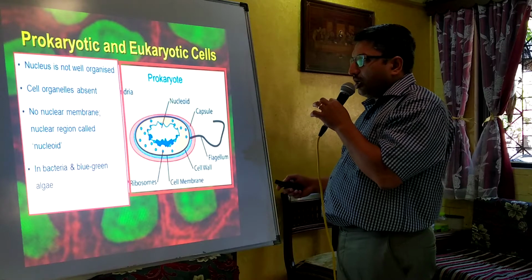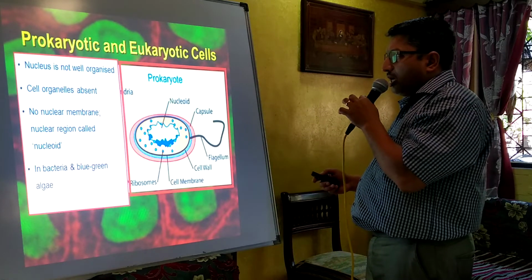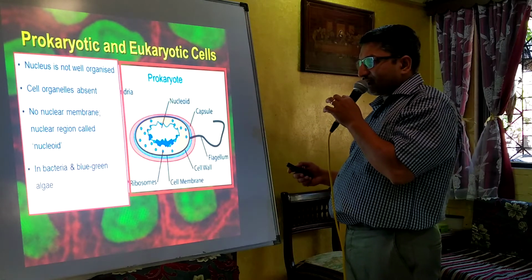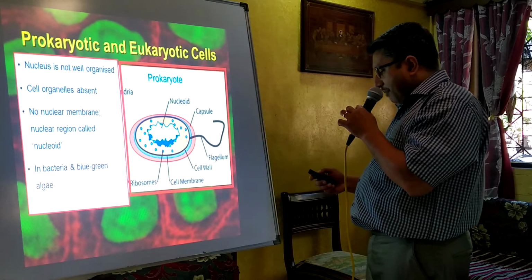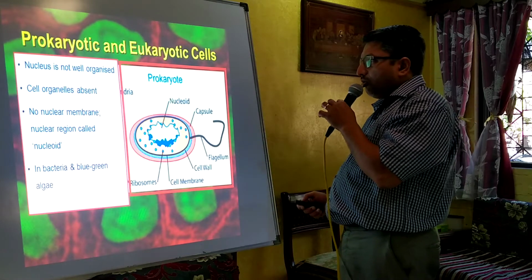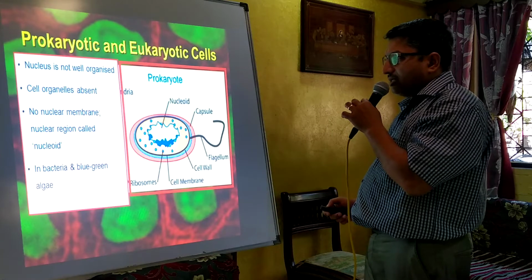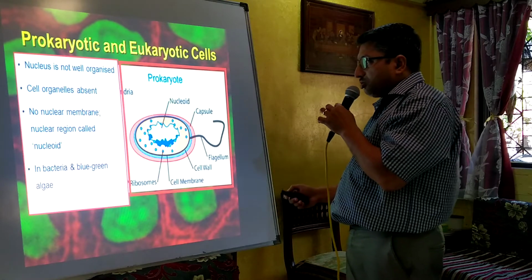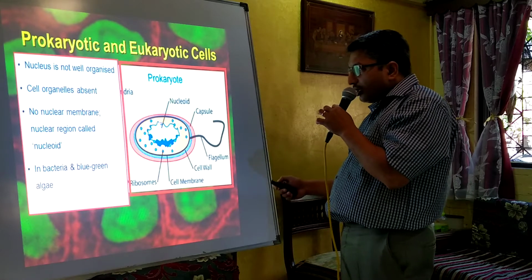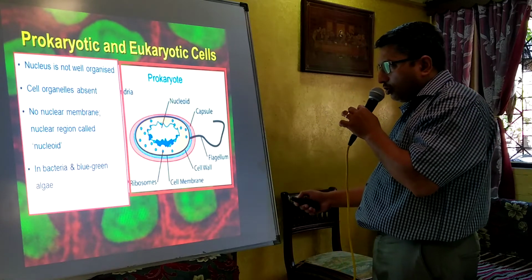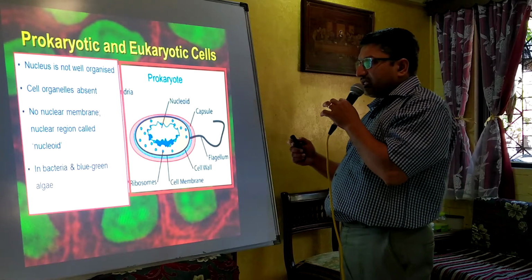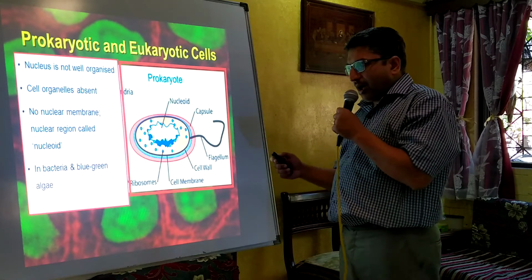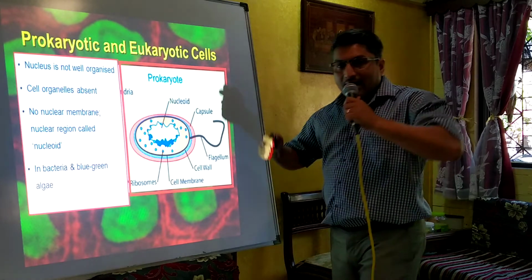Number one, the nucleus is not well organized. Cell organelles are absent. There is no nuclear membrane. Hence the nuclear region is known as nucleoid because there is no fixed nucleus. The whole region is spread all over the cell. Examples of a prokaryotic cell: bacteria and blue-green algae.